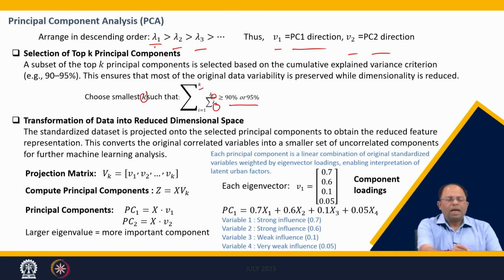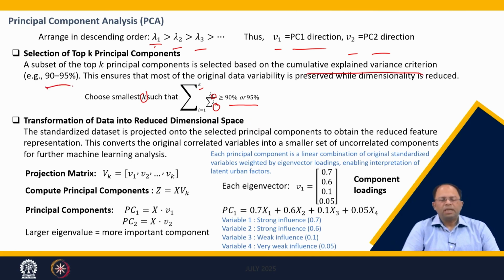So a subset of top k principal components is selected based on the cumulative explained variance criterion, which usually is 90 to 95%, and this ensures that most of the original data variability is preserved while dimensionality is reduced.